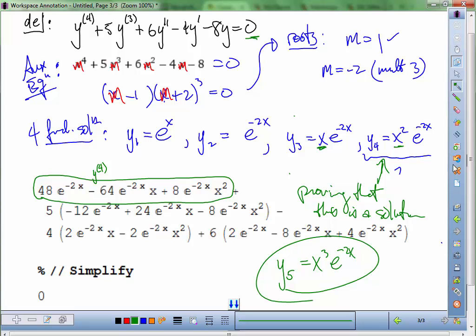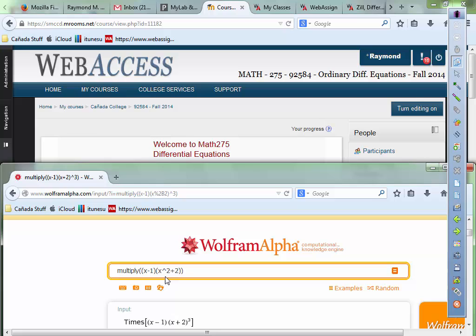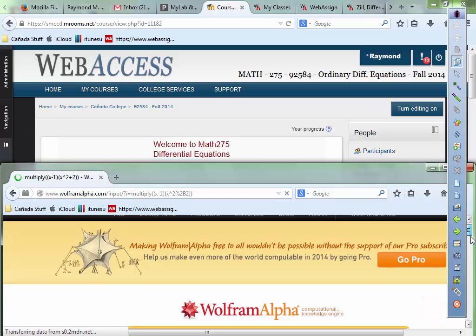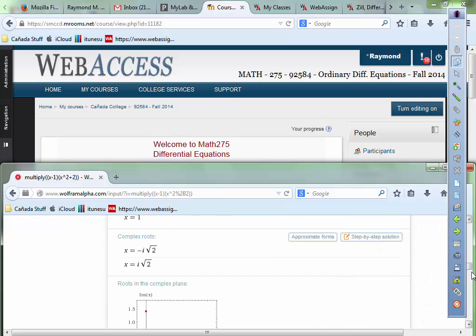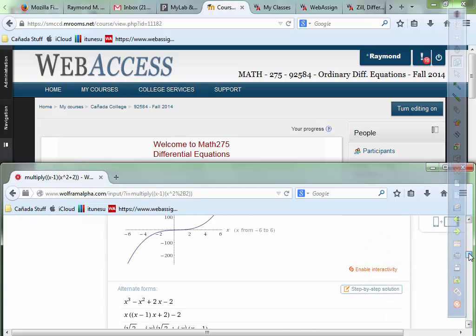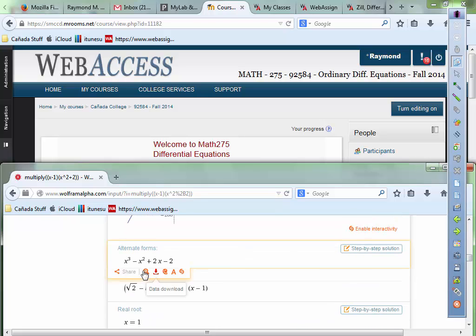Okay. So let's go with another example that I'm trying to come up with. I want complex conjugates. I want a polynomial that's not going to factor. So let's multiply this out. I suppose it's easy enough to multiply by hand, but the expanded form I guess would look like this.